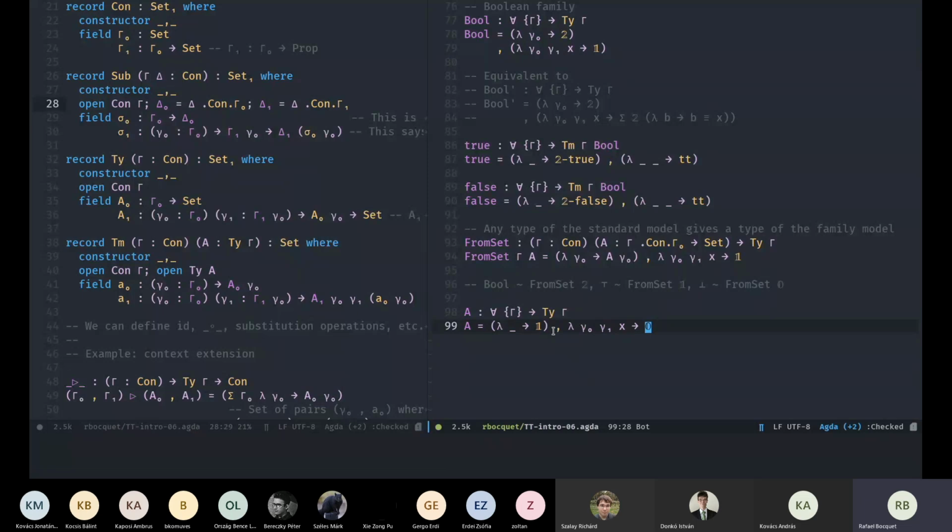But then there is no element at the second level.